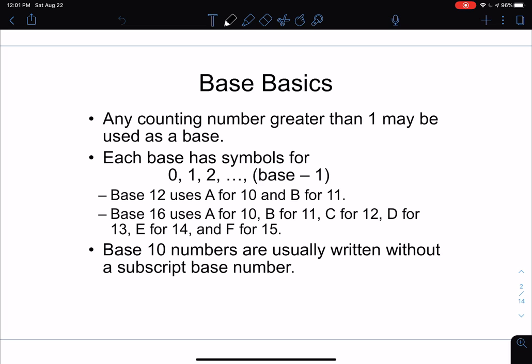Because 11011 in base 10 is 11,011, while in base 2 is something entirely different. The only one that we don't usually write a subscript base number is in base 10. So if you don't see the little number, you can assume it's in base 10. But if it is in a different base, it needs that little number. And I'll show you as we do some examples.